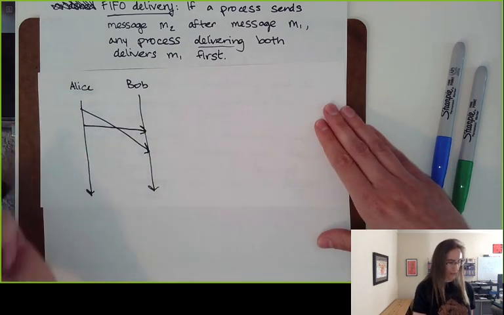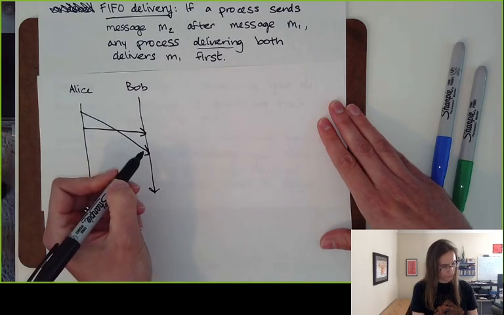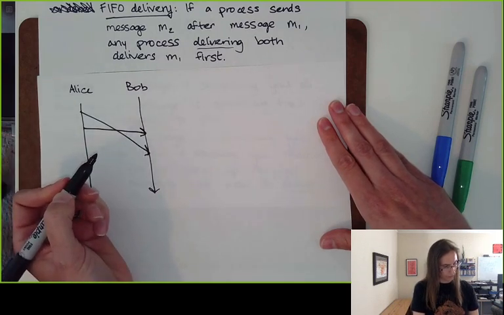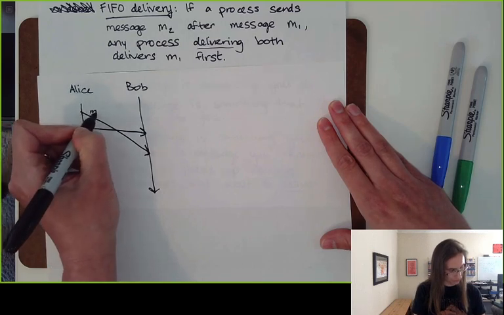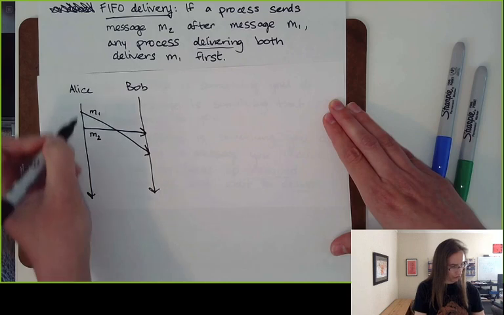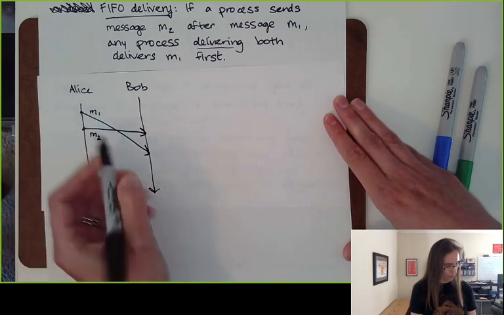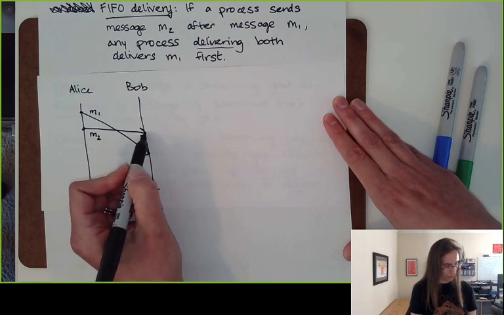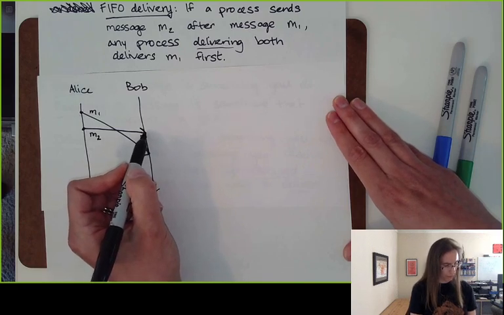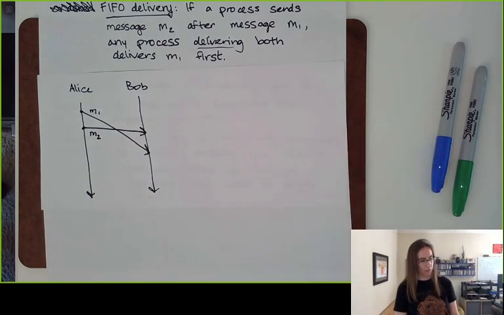So what's going on here? Well, Alice sent 2 messages to Bob. Let's say that this one is M1 and this one is M2. That's the order that she sent them in. But then Bob is receiving M2 first. If Bob delivers M2 first, then that would be a violation of FIFO delivery.